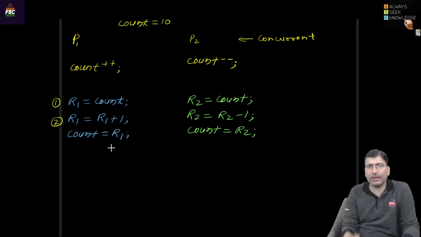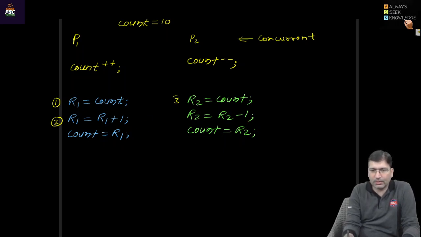Imagine the scheduling algorithm is, let's say, round robin, and there is a time quantum. So after these two instructions execute, let's say the time quantum gets over. That means the next process, which is concurrently executing and residing inside the ready queue, will get the chance to execute, right? So let's say P2 starts executing.